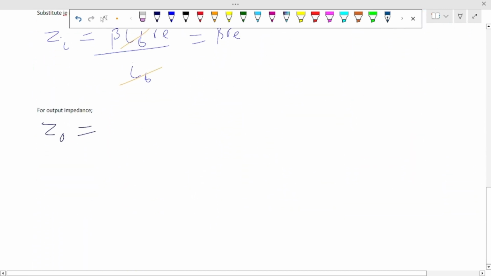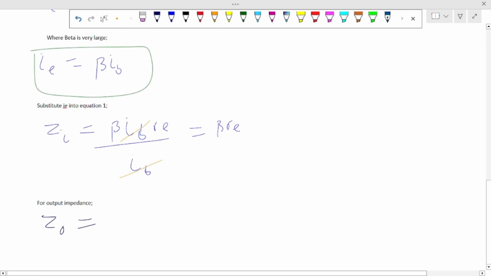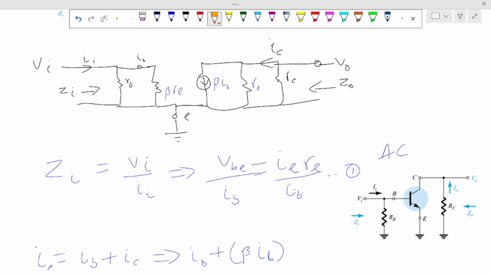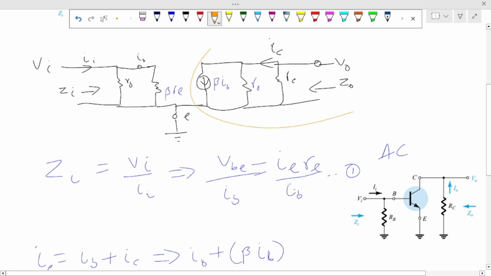Now the output impedance equals, since we are working with the model, the sum of all the impedance or resistance in the output. This is the output, and this is the input.